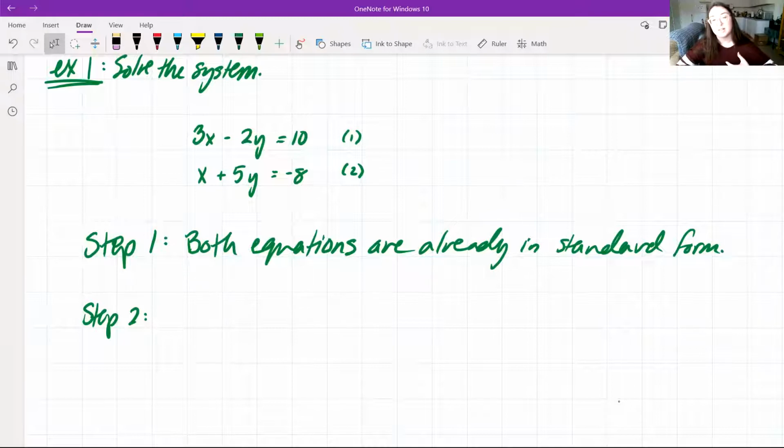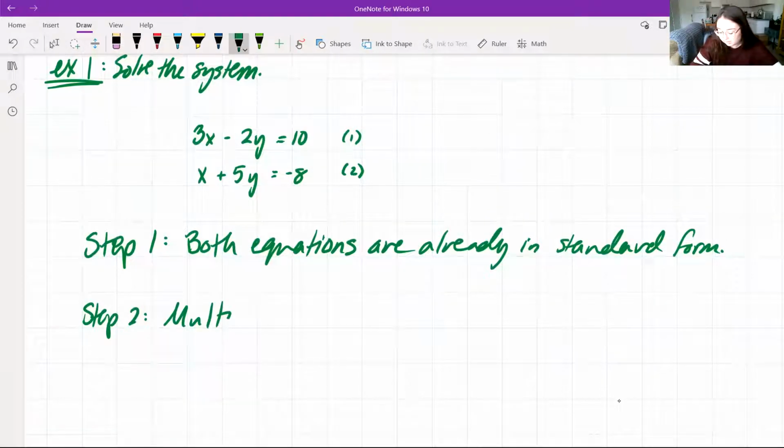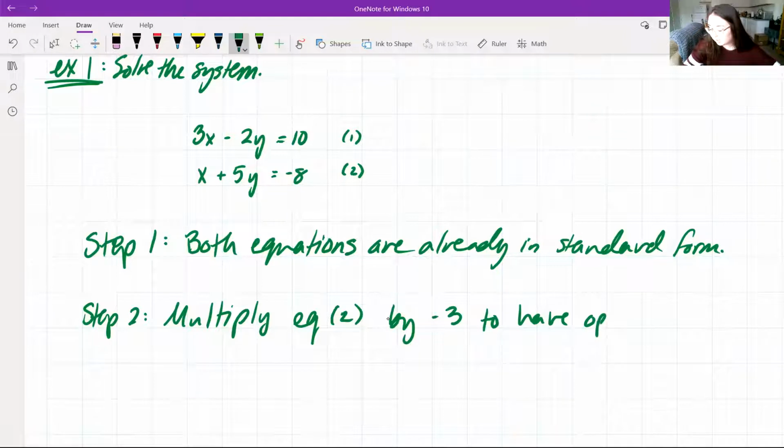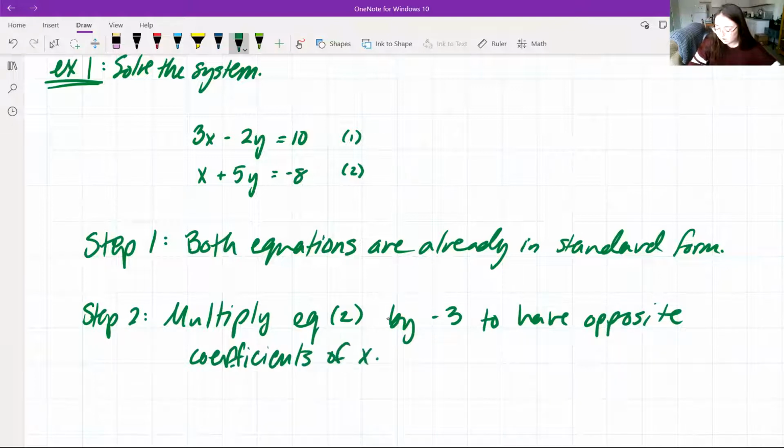So we can make it easy on ourselves by just multiplying by negative 3 to equation 2, because then that would create opposites for the variable x, or opposite coefficients. So step 2, now what we're going to do, we're going to multiply equation 2 by negative 3 to have opposite coefficients of x.